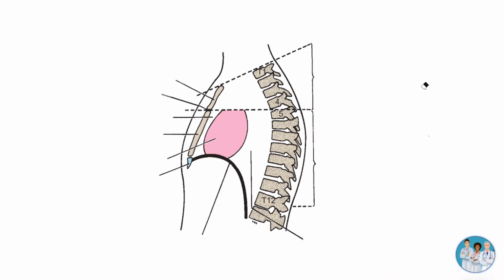We'll write the definition here: the mediastinum is nothing but the intrapleural space in the thorax region. The mediastinum is divided into many parts, and we'll get to know them from this diagram.